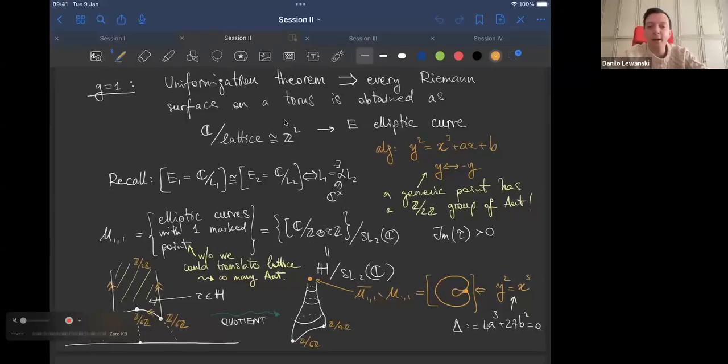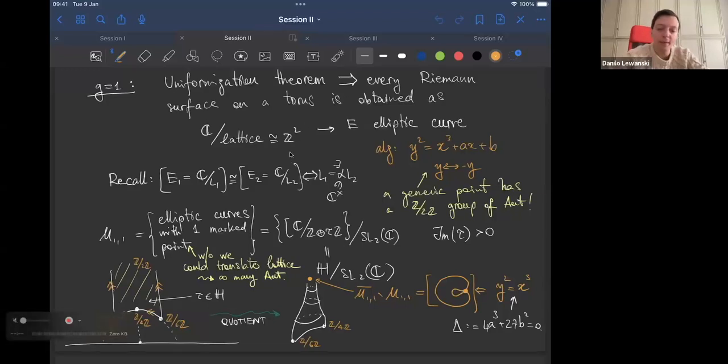And so depending on this tau, this will determine a lattice and you'll get an elliptic curve, because now you're quotienting out by a lattice, which means the lattice will give you some tile that will tessellate C, the complex plane. And this tile may be, for example, a square or maybe 60 degrees or maybe any other tile actually. So it would be just an arbitrary parallelogram.